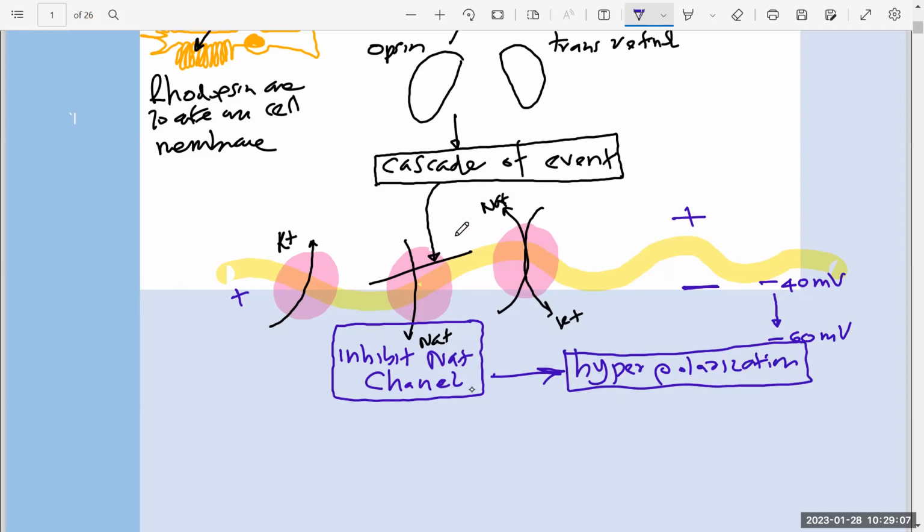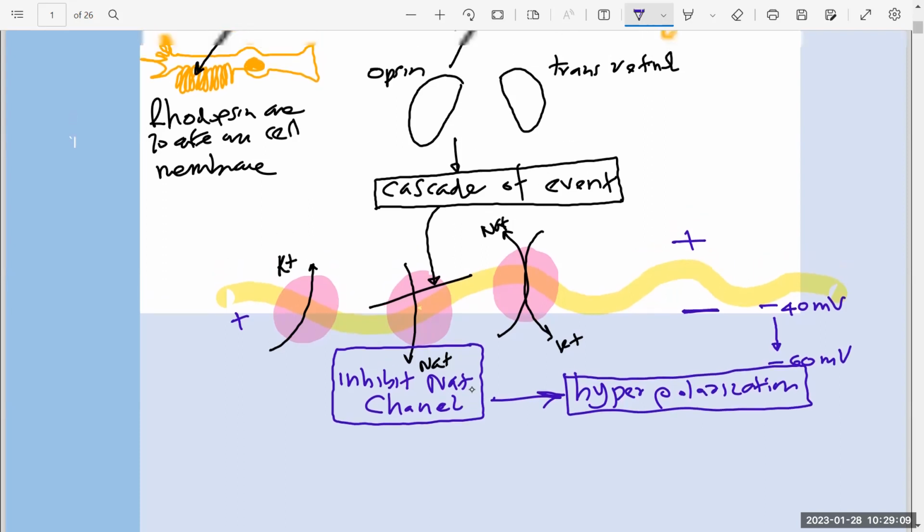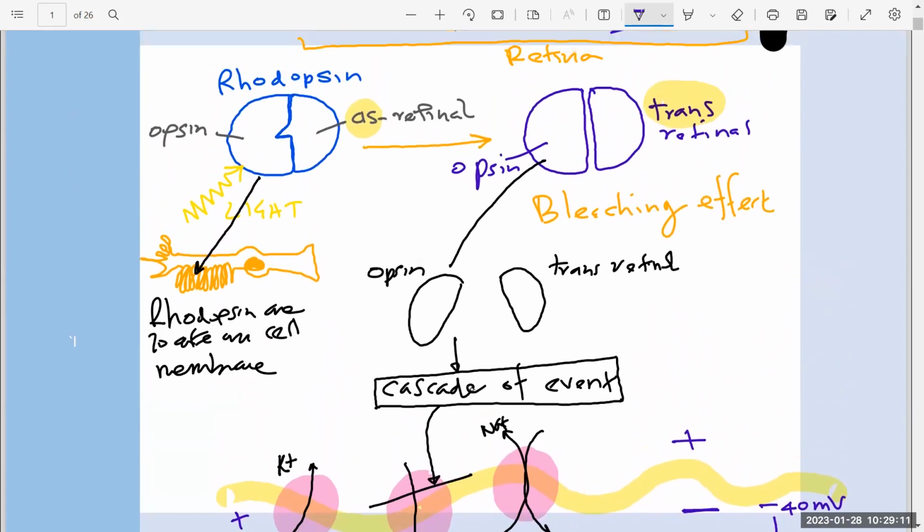So let's summarize again the four steps, starting from here. Light hits the rhodopsin, then the rhodopsin changes to an opsin and a trans-retinal. Then there's a cascade of events.